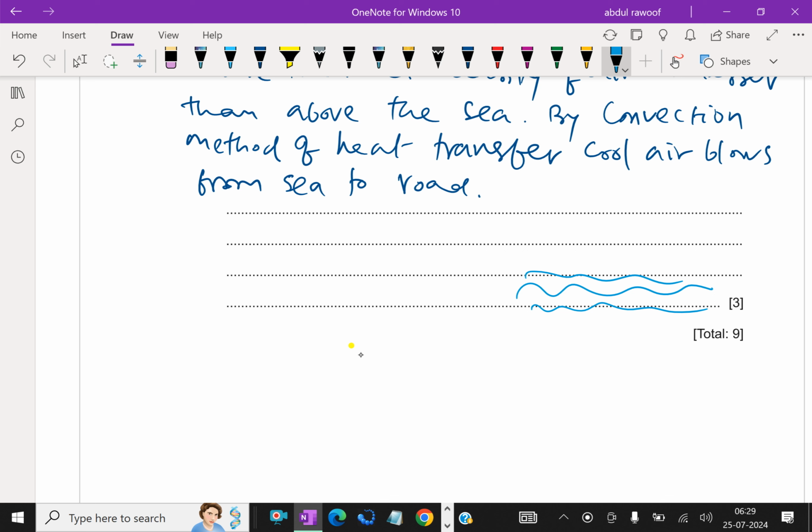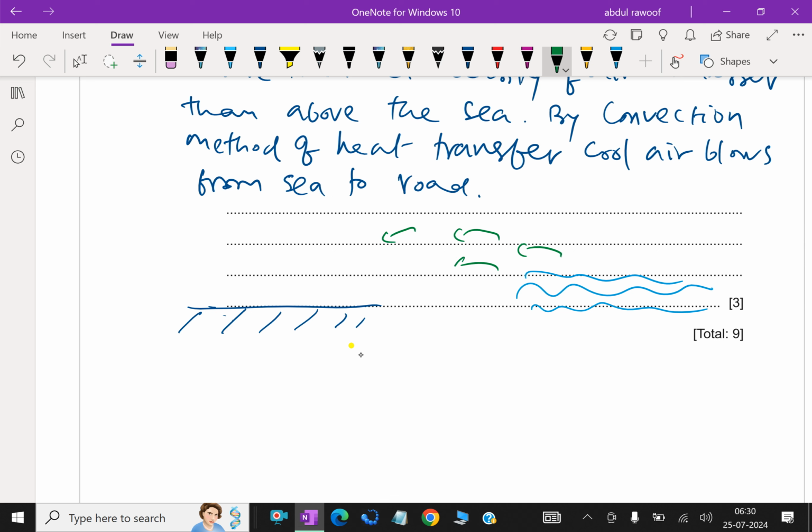This is land. And you can show how the air blows.